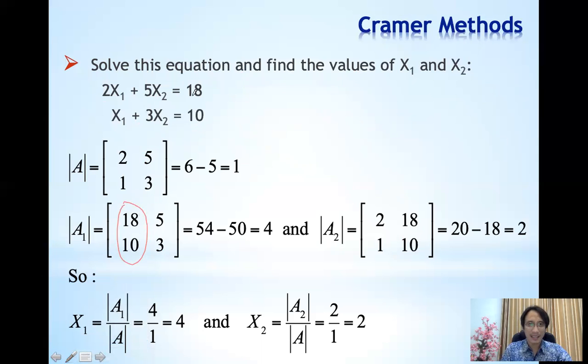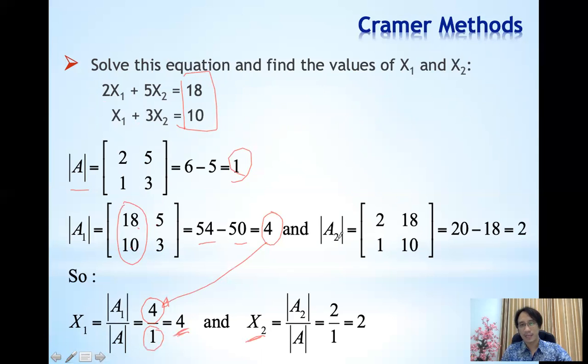The result is 18 and 10, put in the first column. 18 times 3, 54. 5 times 10, 50. 54 minus 50 is 4. The determinant of A1 is 4, and the determinant of A is 1. 4 divided by 1 is 4.